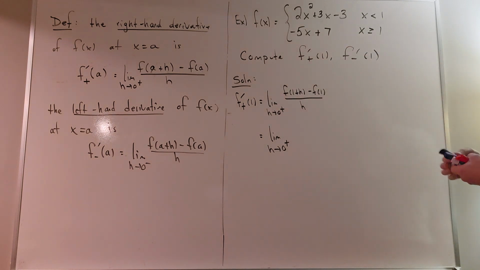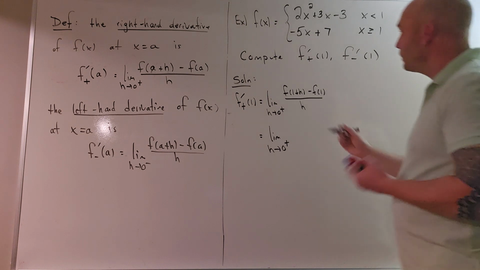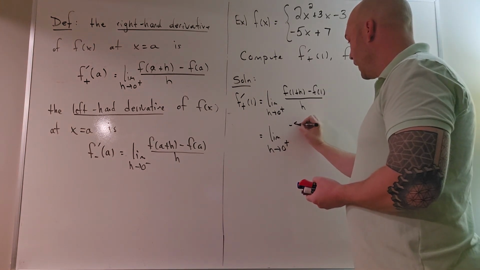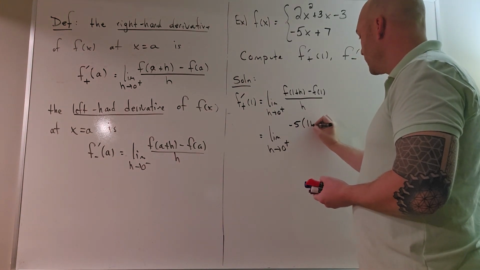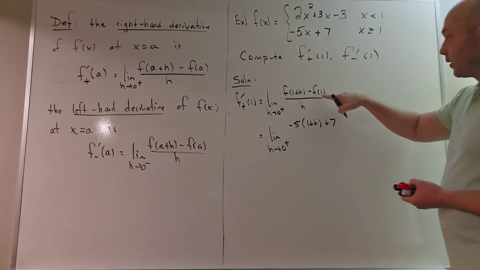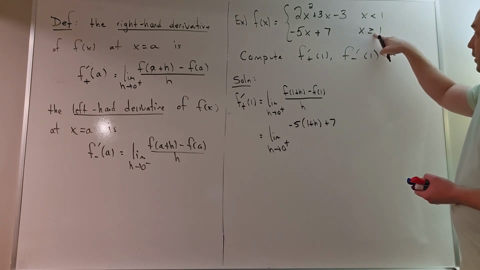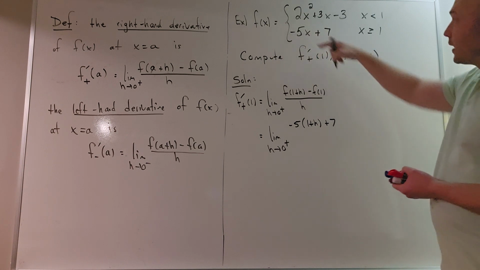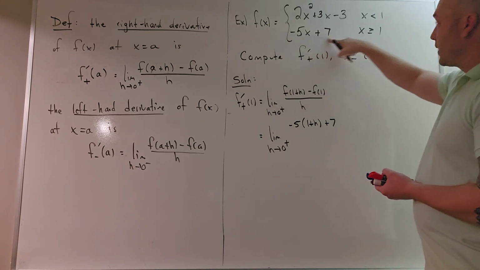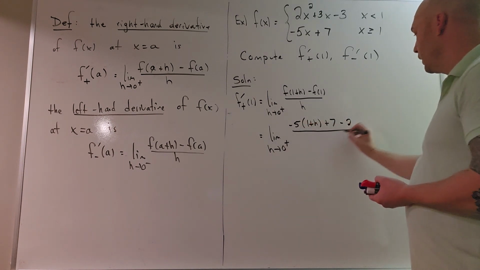All right, so if I go ahead and plug in 1 plus h into this function expression, this gives me negative 5 times 1 plus h plus 7 minus f of 1. If I plug 1 into the function, this part here includes 1, so therefore I plug it into this, giving me positive 2, so minus 2 all over h.